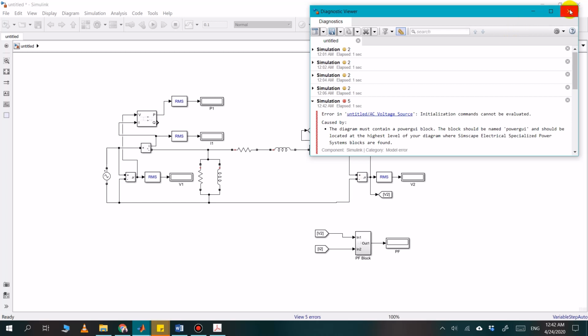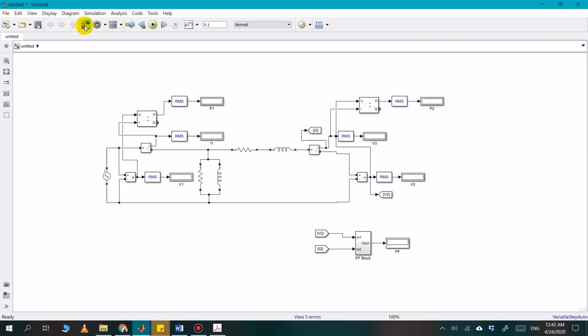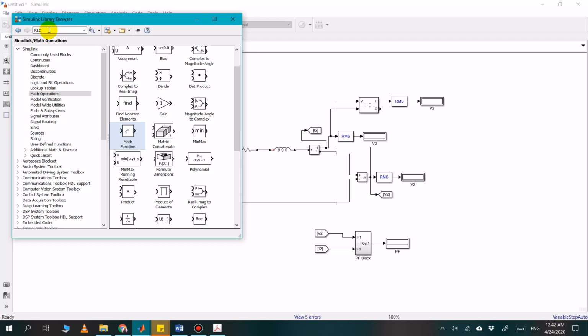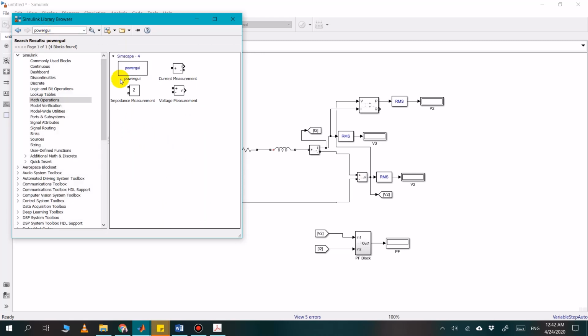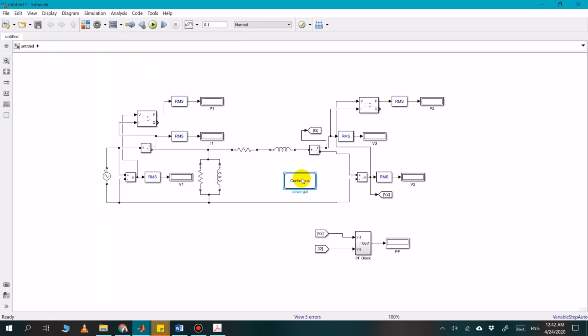We did not have a power GUI block, so let's add a power GUI block. Here is the power GUI block. Okay, so the no load voltage is 120 volts.